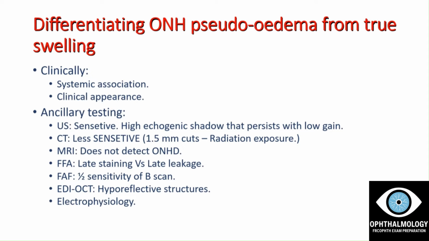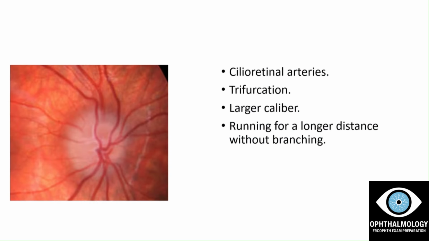It shows hyperreflective structures. It's evident from the OCT scans that there are some structures enclosed in the substance of the optic nerve head. This is a very valuable tool. Electrophysiology also, but this is not requested for such diagnosis.